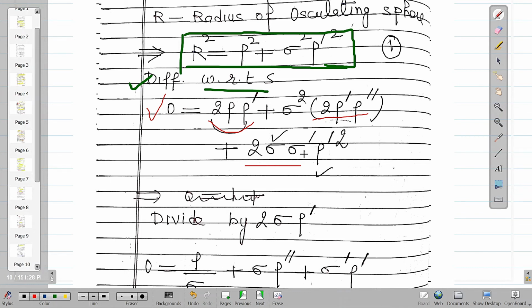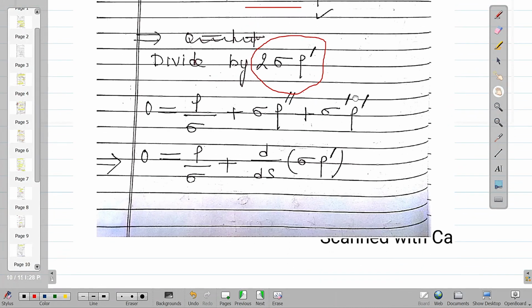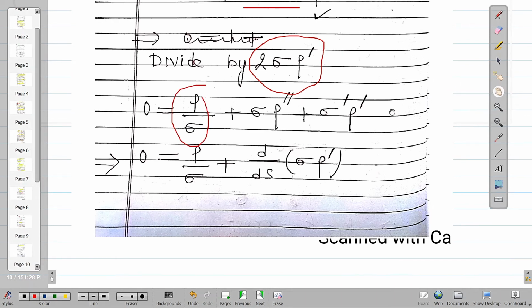So our purpose is to find the equation that we already saw in the question. So in order to find the equation, divide by this term. If we divide by this term, then what we get? We get this is 0, this is 0, and this is rho by sigma, because we divide this term.